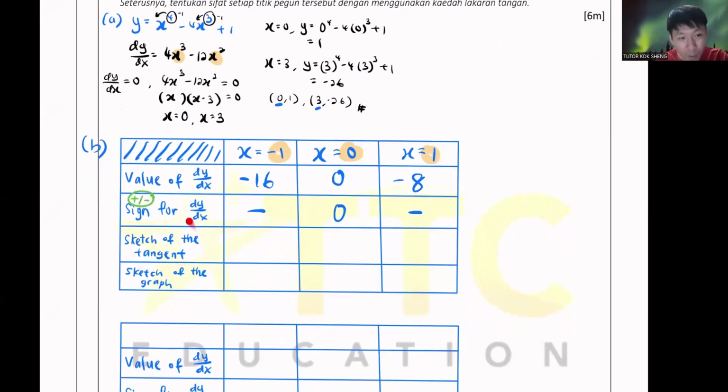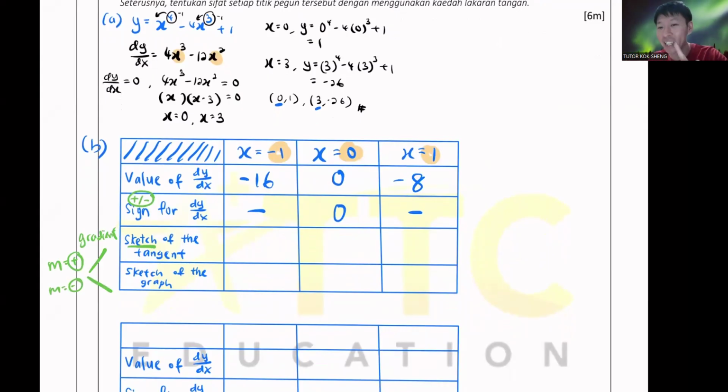The third one will be the sketch of the tangent. The sketch here is referring to the gradient of the tangent. As you remember, for gradient, if positive, the line goes up. If negative, it goes down.